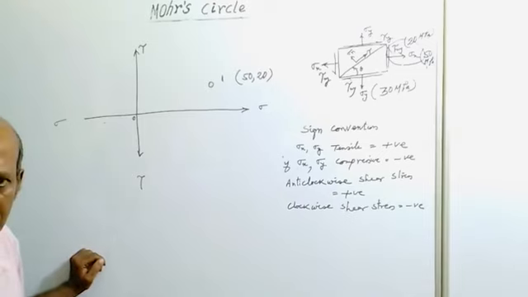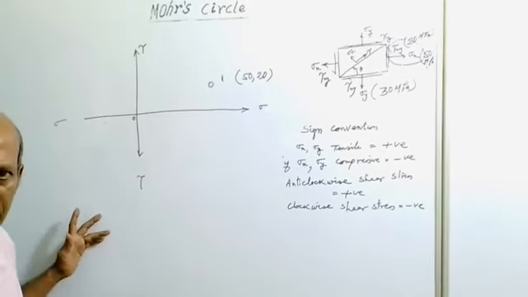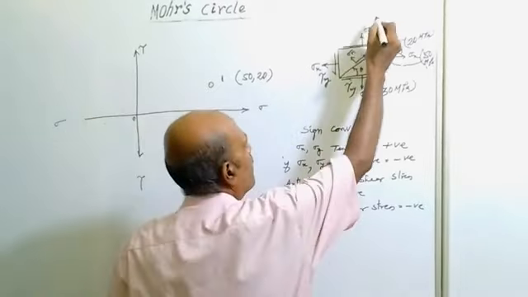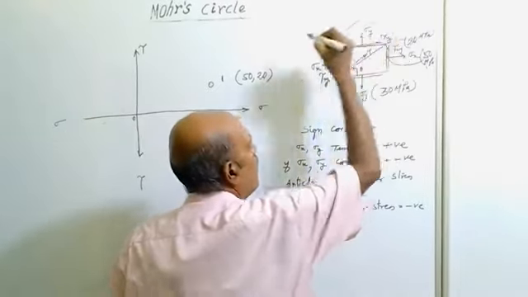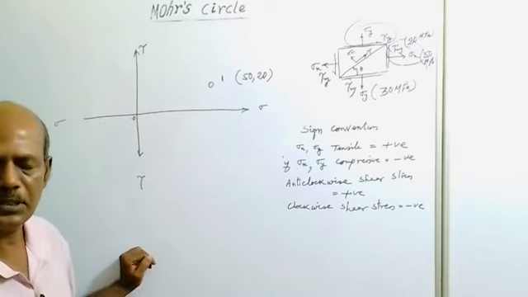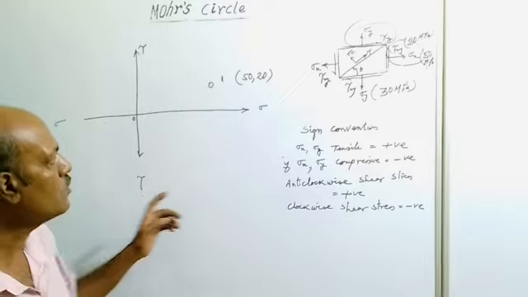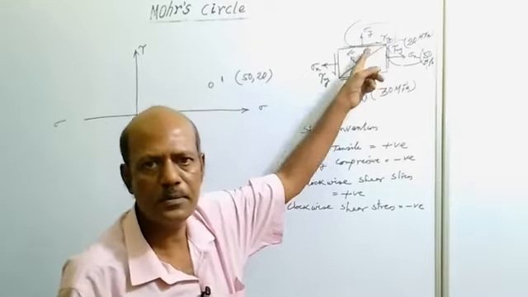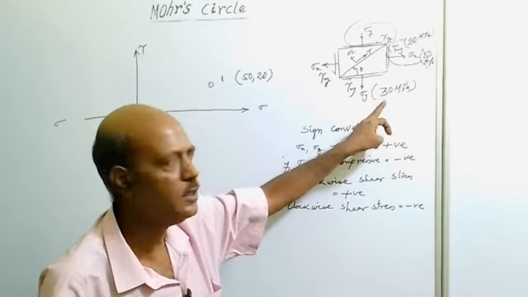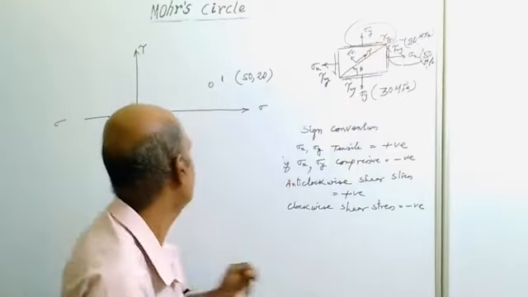Now go to Y face. Which face is Y face? The face on which Y axis is perpendicular. So this is the face. So on Y face, what are the stresses acting? Stresses sigma y is positive, but tau xy it is in clockwise sense, so it is negative. So sigma y is 30 positive and 20 negative.